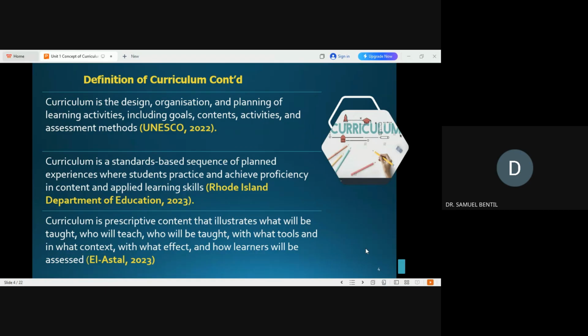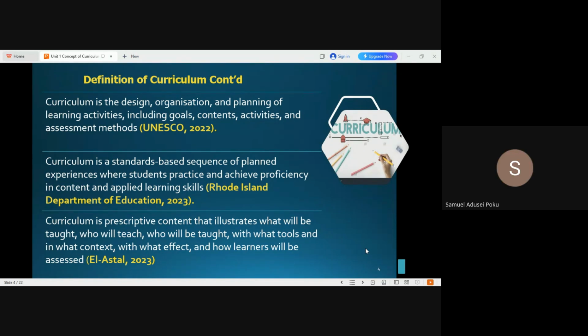But if you want to look at it in the context of curriculum and syllabus, we can say that curriculum studies in geography is a course that you can say is a syllabus. Then the program you are reading, which is BEd Social Sciences, Geography major, is a curriculum.